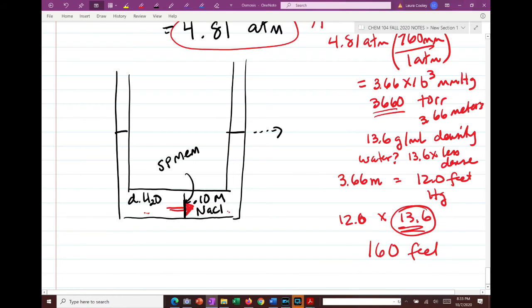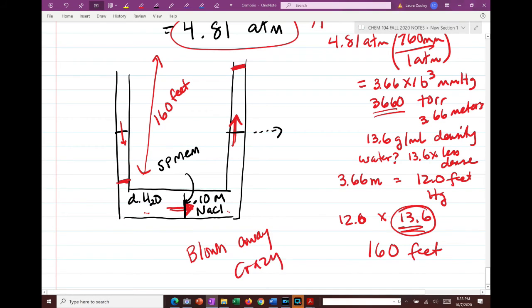So that means this level of water would have to go up until there is a 160 feet difference in the heights, and that would exert enough pressure in this direction to stop the flow. To me, I'm just blown away by that. That's just crazy. So osmotic pressure is really surprising, but it's a really big deal.